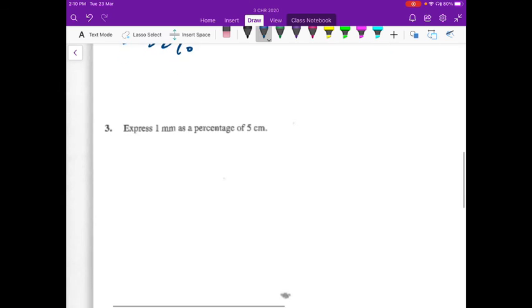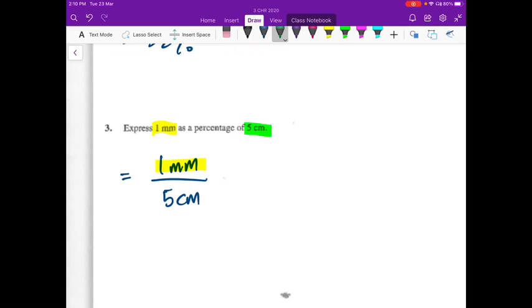Next, 1 mm as a percentage of 5 cm. 1 mm divided by 5 cm. Then times 100%.